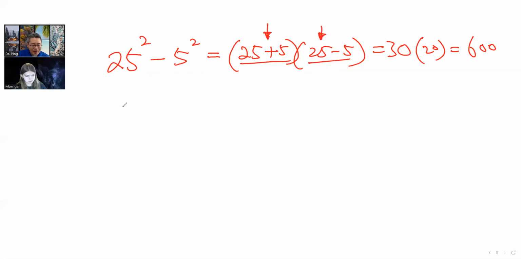Yep. Okay. Now I'm going to give you an example. 77 squared minus 67 squared, and see how you do that using this trick.